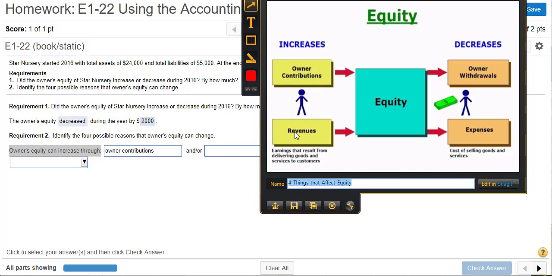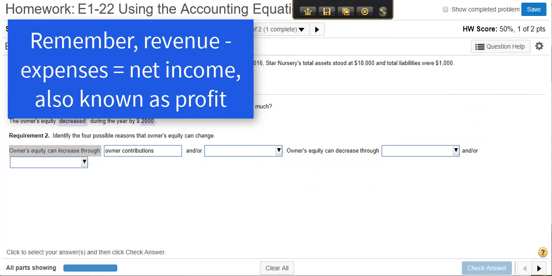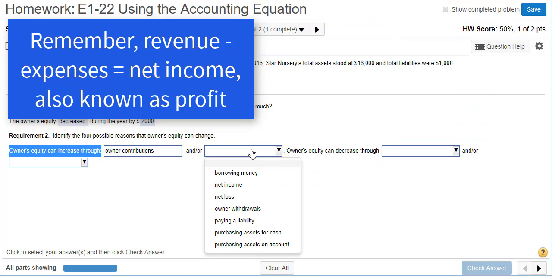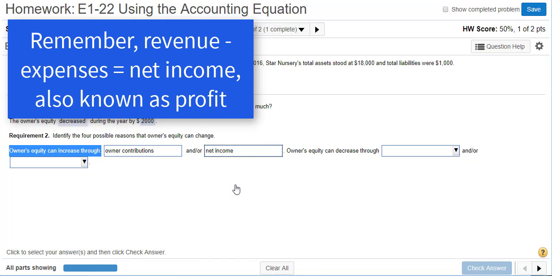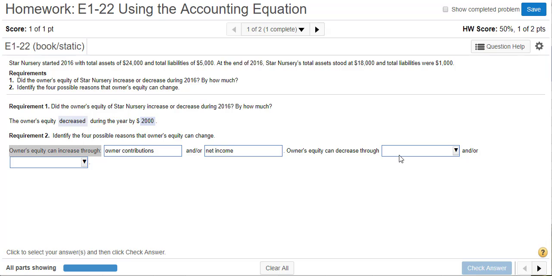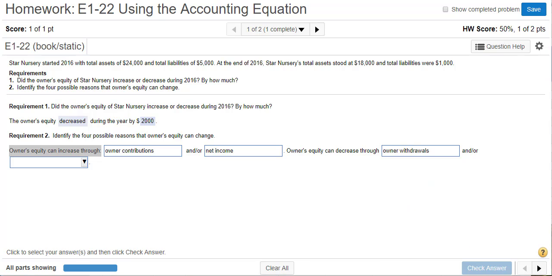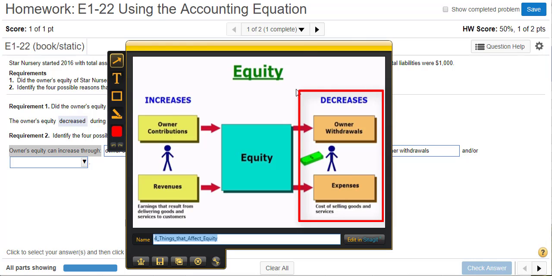So what do we call it when revenues are greater than expenses? That's profit, also known as net income. So net income also increases equity. So how can owner's equity decrease? Going back to our little diagram, it decreases by owner withdrawals and it decreases from expenses.